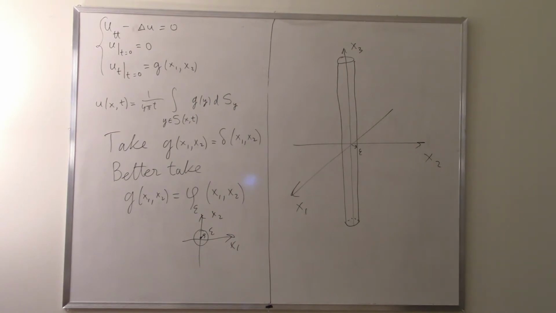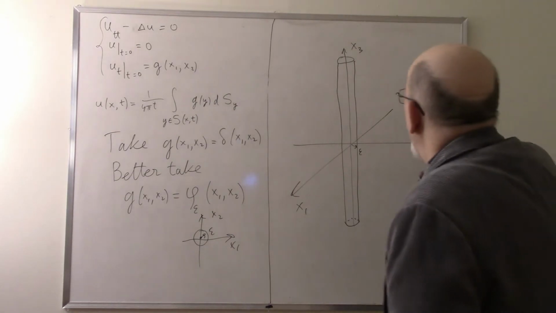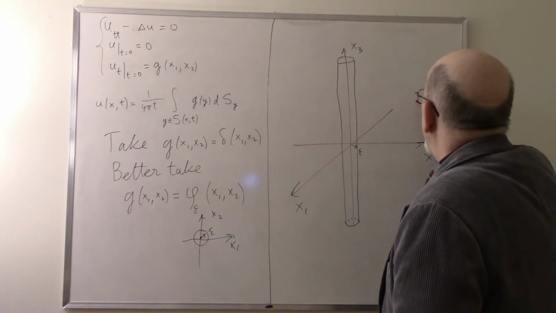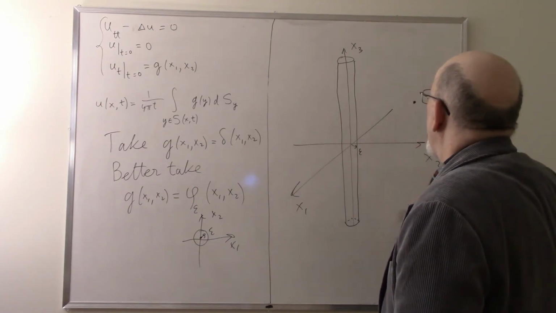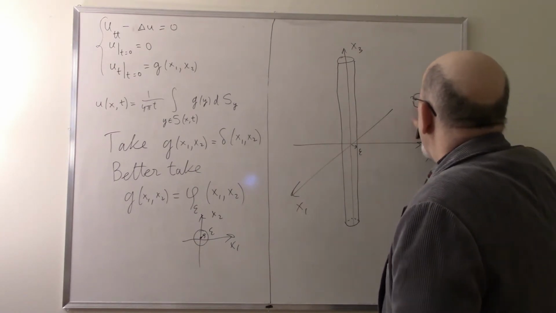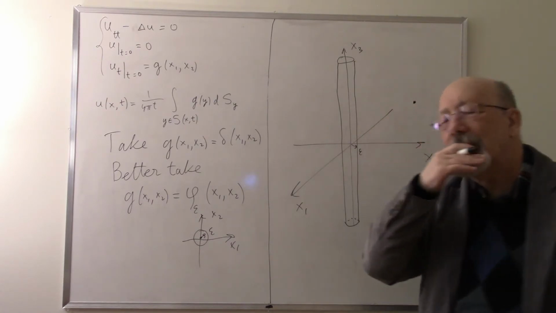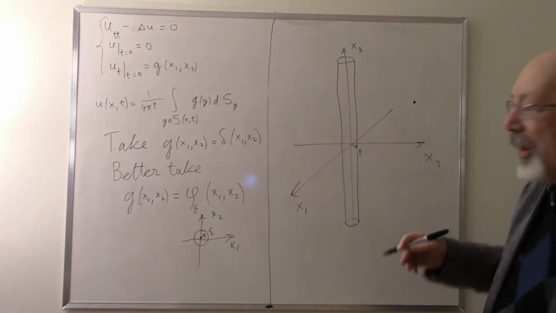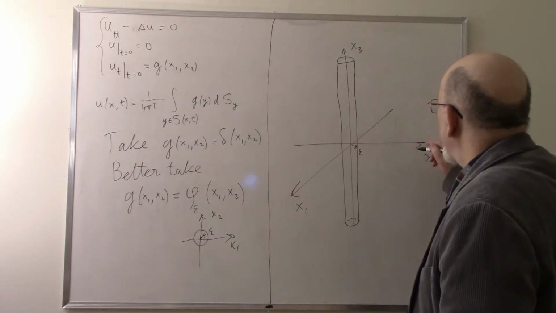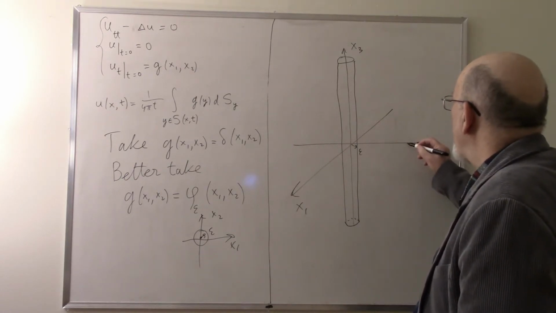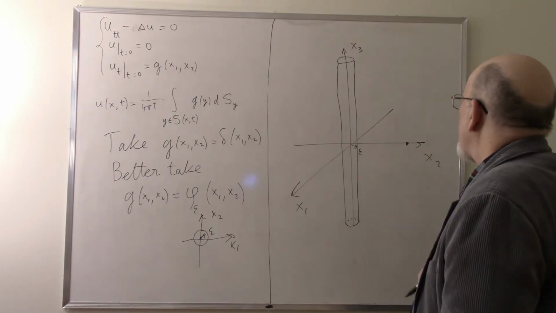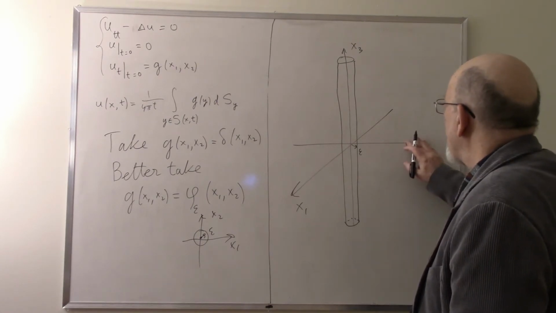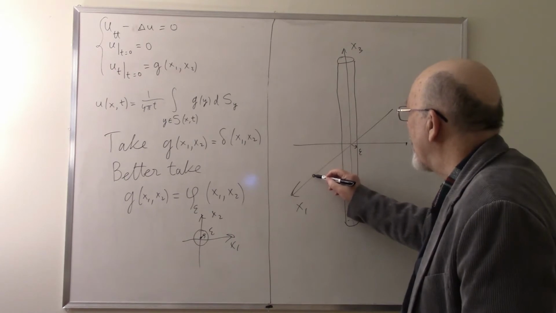So all the function is here. Now we take any point, because the result will not depend on x3, as I told. So we can take this point on the axis, say x1 here.